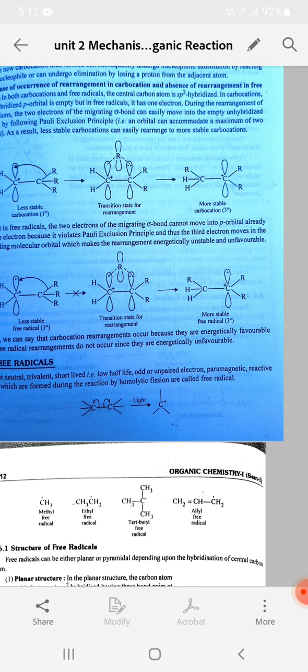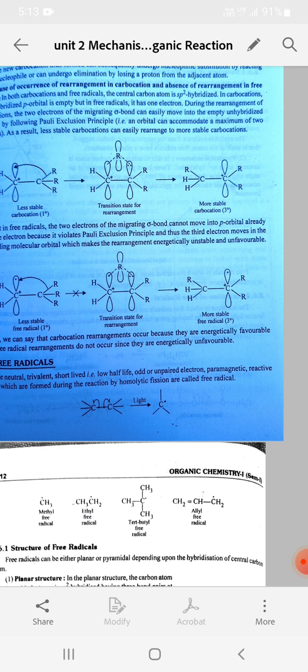But in the free radical, the two electrons of the migrating sigma bond cannot move into the p orbital, which already has one electron, because it violates the Pauli exclusion principle. Thus the third electron moves into the antibonding molecular orbital, which makes the rearrangement energetically unstable and unfavorable.